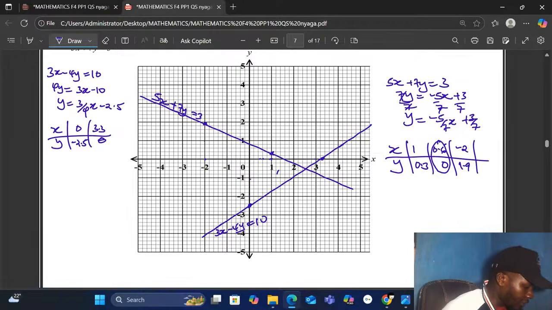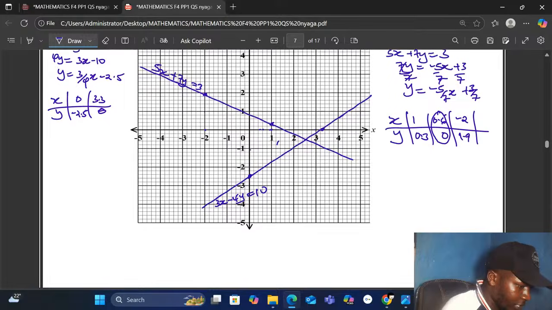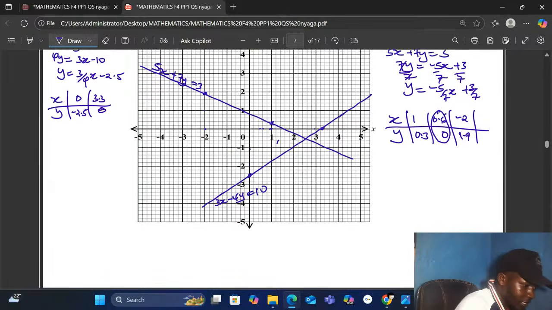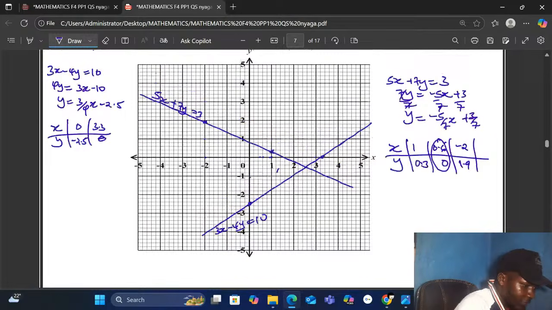Now we are going to find the values of x. For instance, we can use the first equation.